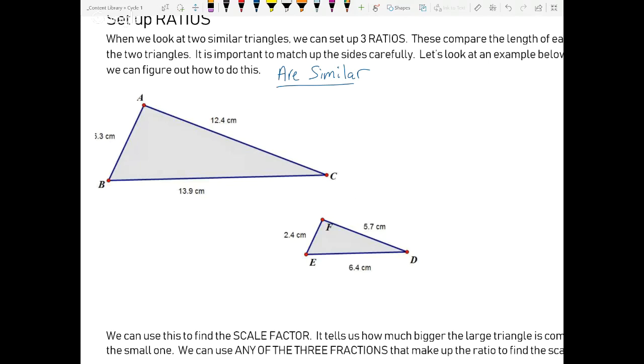Very good. How many sides does a triangle have? 3. If I was doing this with rectangles, how many ratios would I make? If I was working with hexagons, how many ratios would I make? Hex is, that's octa, that's deca. Very good, 6. 6 is hexa.